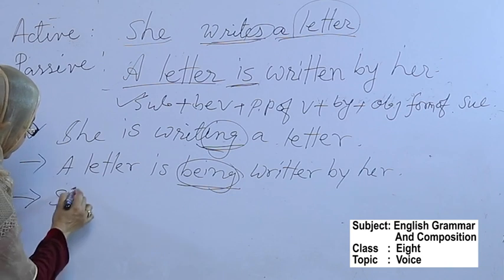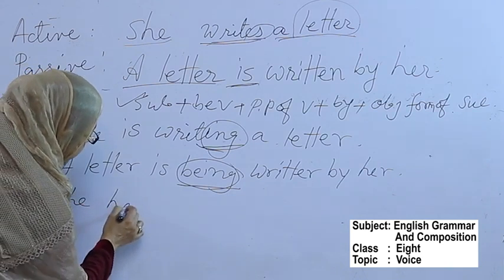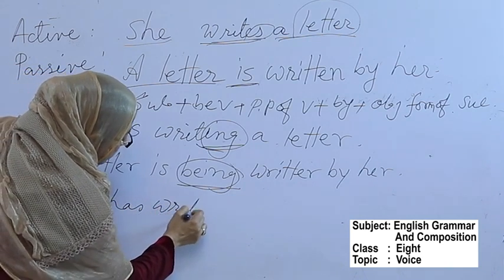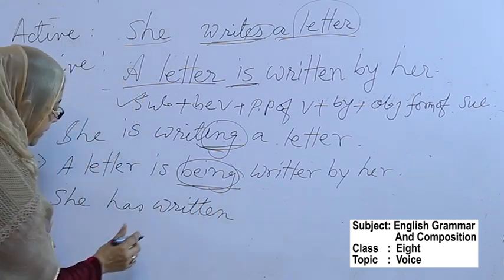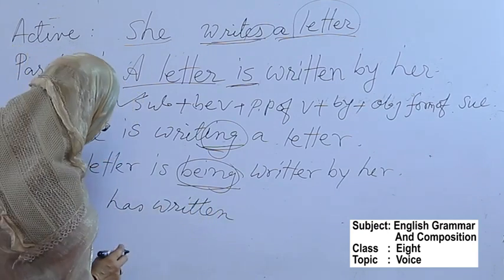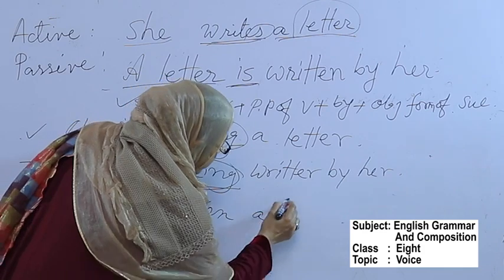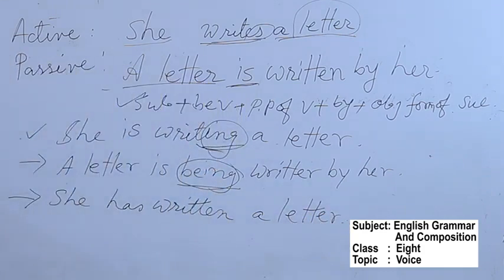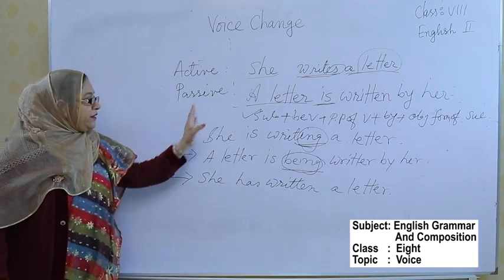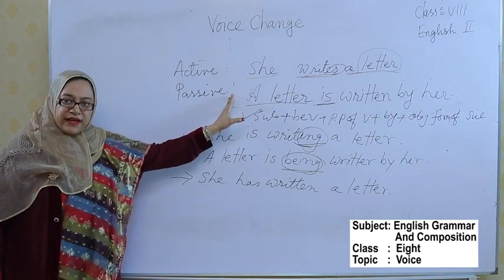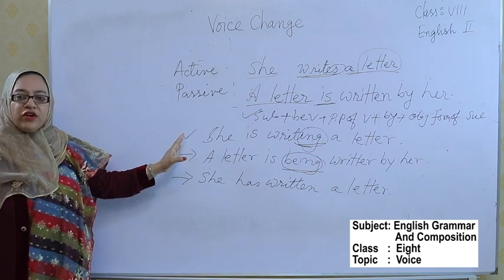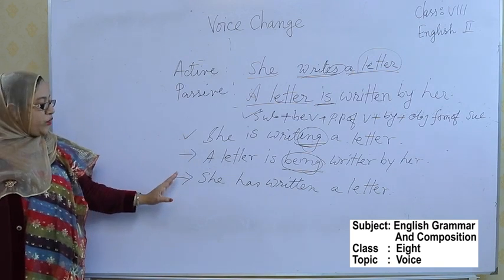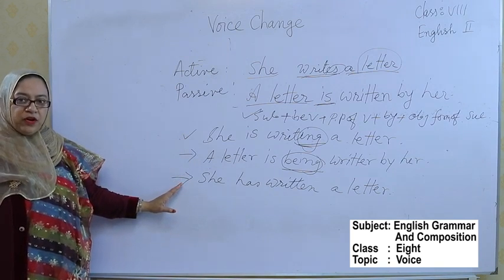Again I write the perfect form of an assertive sentence. This is a simple sentence, and then we go to the continuous form, and then the perfect form of a sentence.